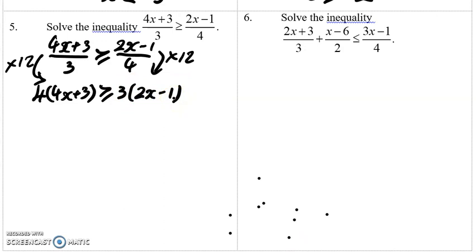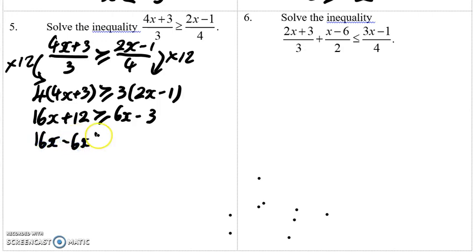So from here we expand accordingly. This would give us 16x plus 12 more than or equal to 6x minus 3. From here, bring all the x's to one side. So 16x minus 6x more than or equal to minus 3 minus 12.